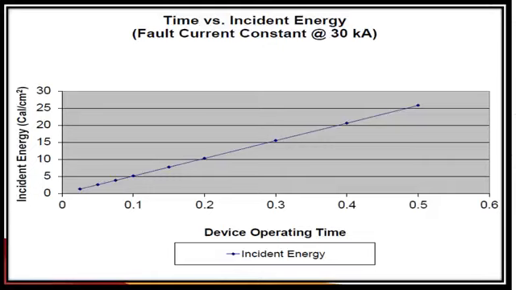If you are designing your electrical network with more than 8 cals per centimeter square of incident energy, the design is not passed. So a consultant has to redesign their electrical network so that the incident energy is less than, or maximum, 8 cals per centimeter square. So being a CSP, you will not approve those designs where the incident energy is above 8 cals per centimeter square.